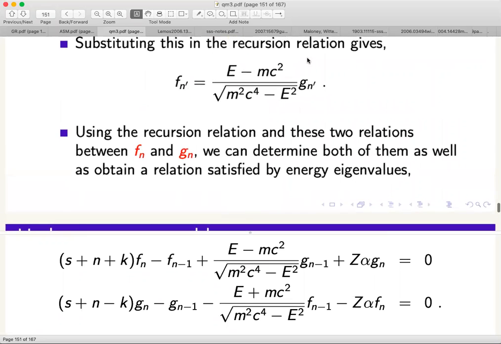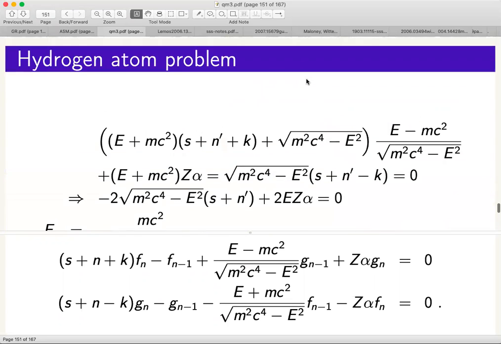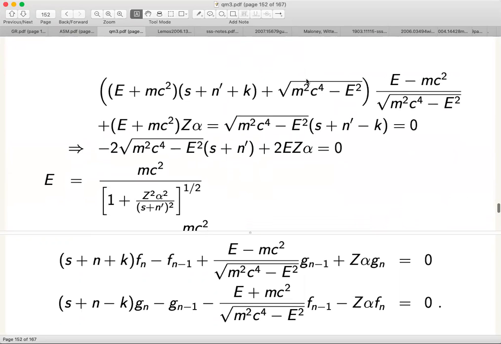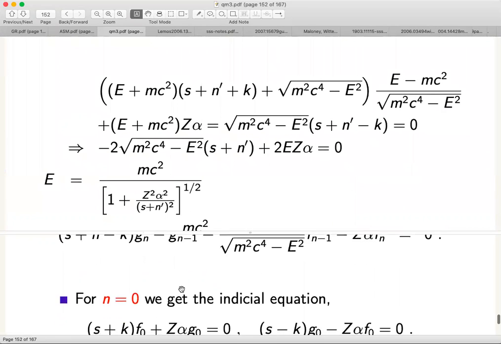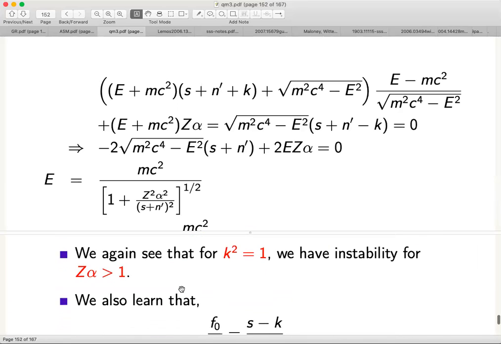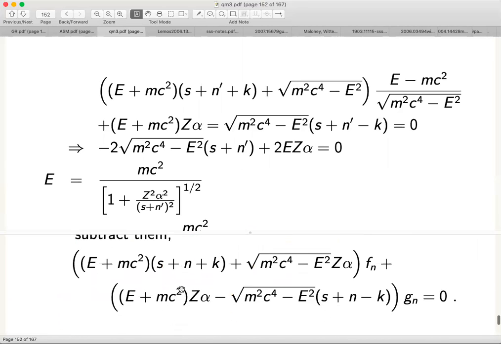Of course, you are assuming that when you replace fn prime by gn prime, gn prime itself is not equal to 0, otherwise everything would trivially vanish. If you do that, you get an equation which is something like this. This is the equation that you obtain by multiplying these quantities. So it came from here. Once you substitute fn primes in terms of gn primes and pull out the gn prime, you get an equation like this.